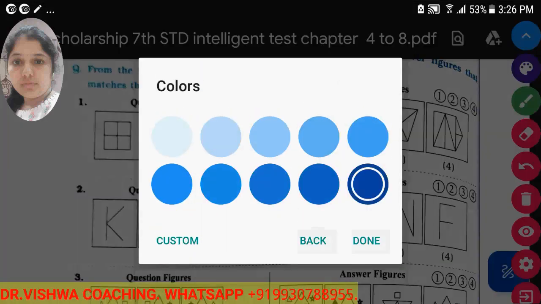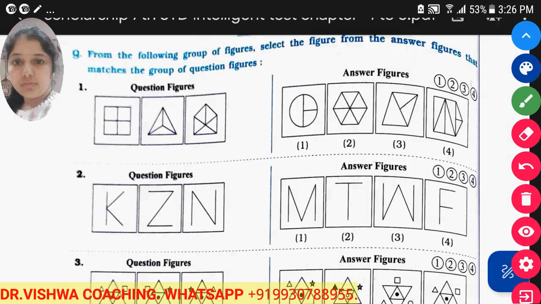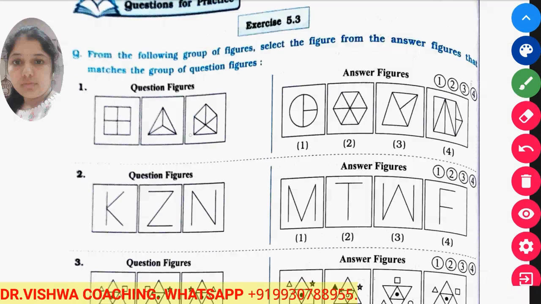Now in the practice exercise, if you look carefully, in the question figures, you can see that a square is there and it is divided into equal parts. Triangle is there and it is divided into equal parts, and pentagon is there, it is divided into equal parts. So we have to find the figure such that however many sides are there in the figure, that many parts it is divided into.